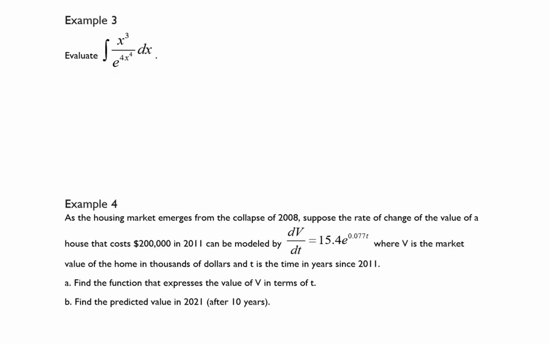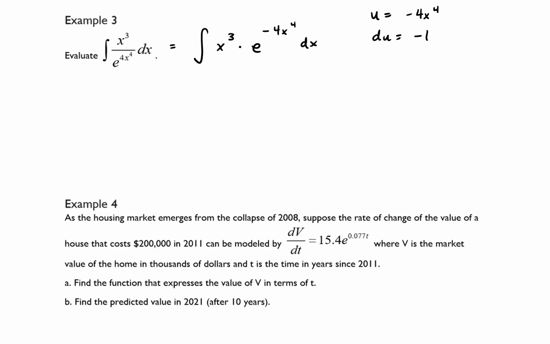Example 3 says evaluate the integral of x cubed over e to the 4x to the 4th dx. I'm going to rewrite this really quickly as x cubed times e to the power of -4x to the 4th power dx. That will make it a little bit clearer for what we want to make our u value, which is going to be -4x to the 4th power.